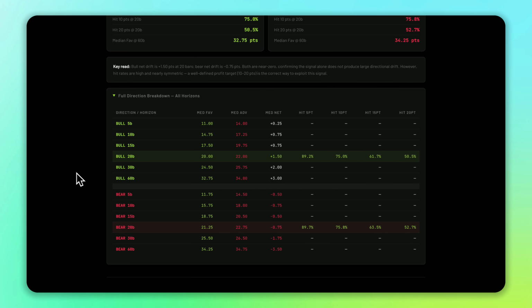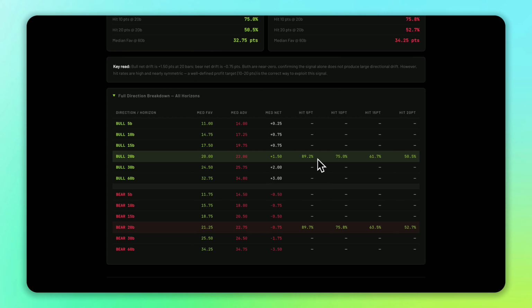So this is kind of interesting. I like to look at this because with your bull signal at 20 bars, median favorable move is 20 points. Your median adverse move is 22 points. And you can get 5 points at 20 bars 89% of the time.